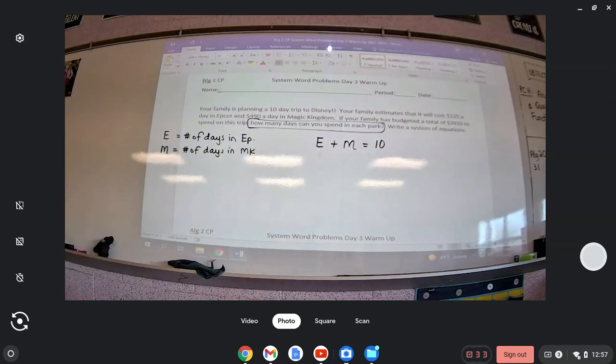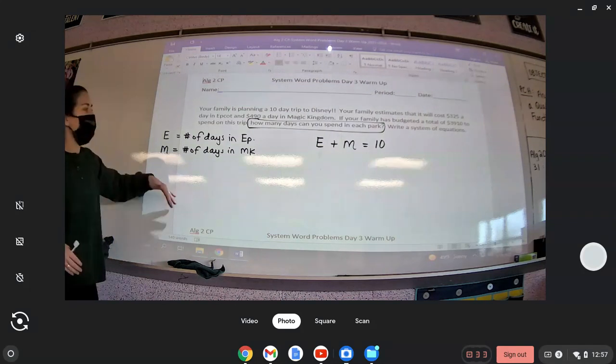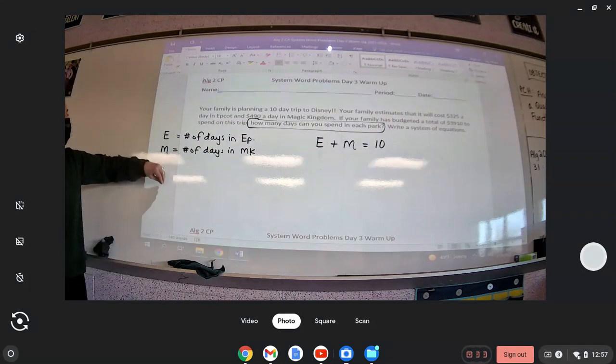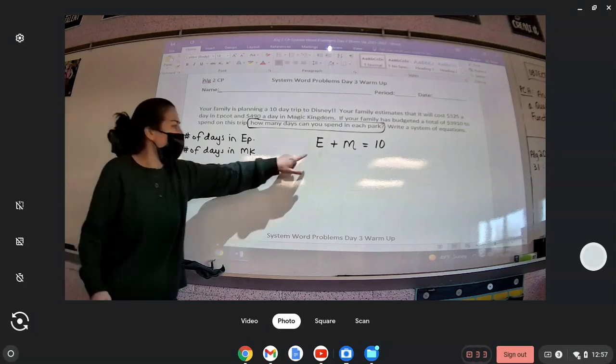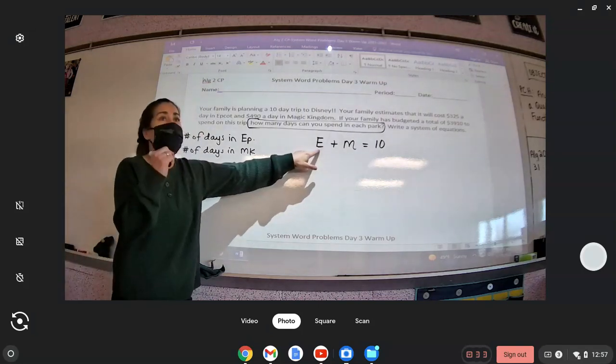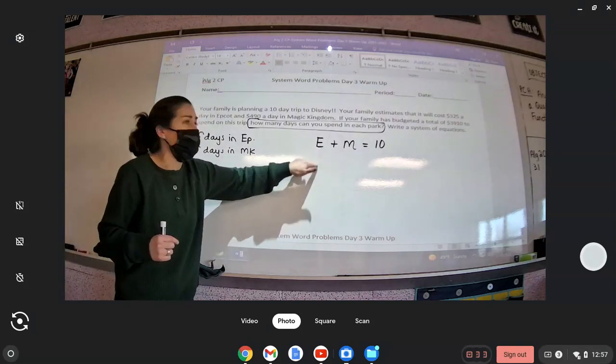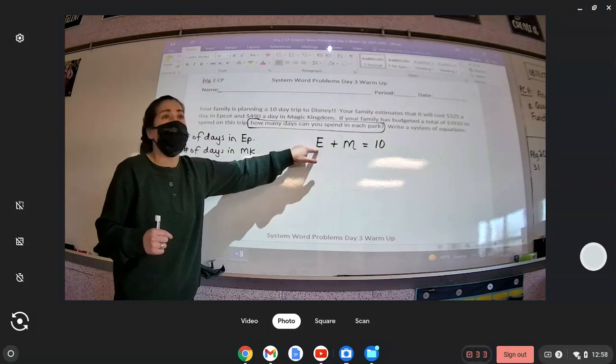The money will be used as our second clue to write our second equation. All right, they said it's going to cost you $325 a day in Epcot. So guys, if this is the number of days you spend in Epcot, it's going to be $325 for each one of those days.